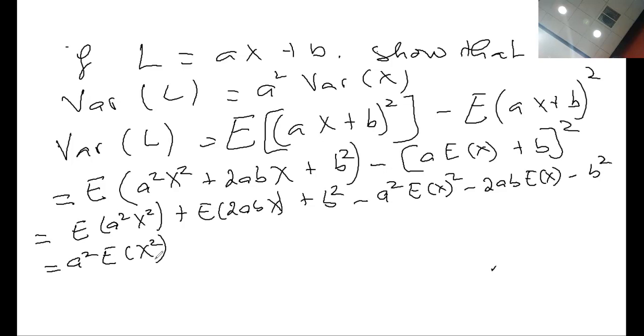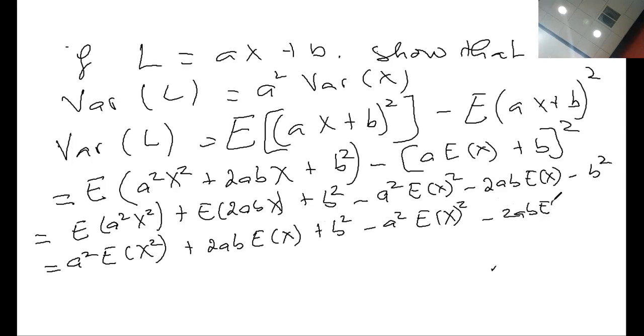The first term here is a squared E of x squared. The second term is plus 2ab E of x plus b squared minus a squared E of x squared minus 2ab E of x minus b squared.